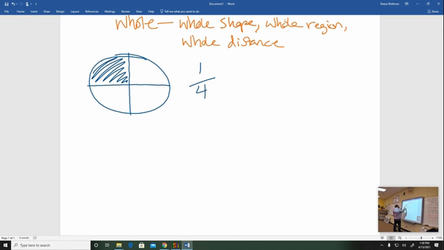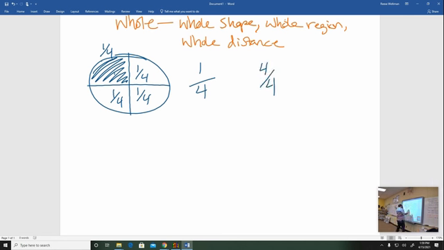Now I'm going to shade 1 in. I'm representing 1 part out of the whole, and the whole is 4. So our denominator is 4, our numerator is 1, and we have 1/4, which means every single one of the parts, including the shaded one, is 1/4.